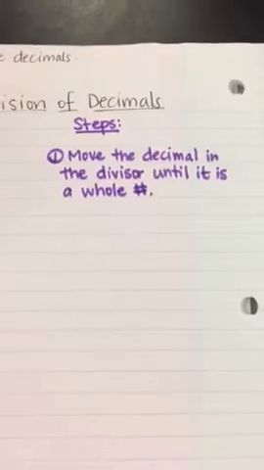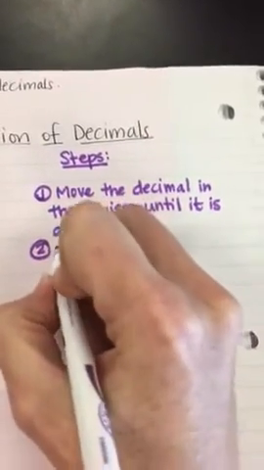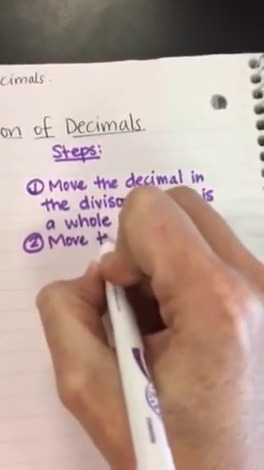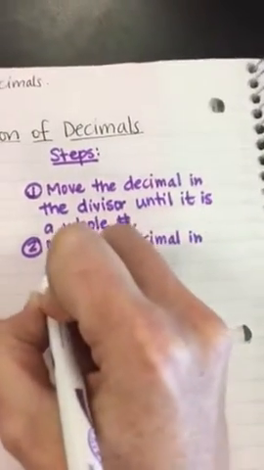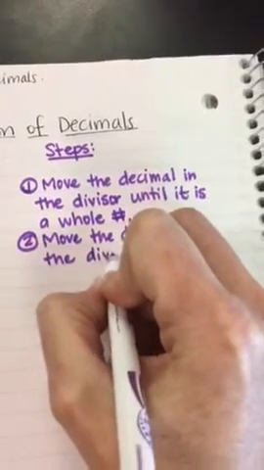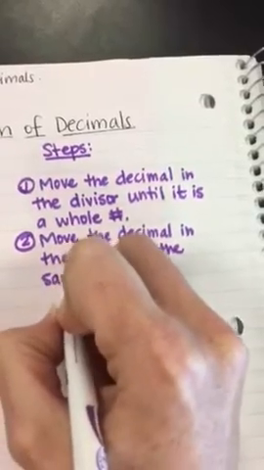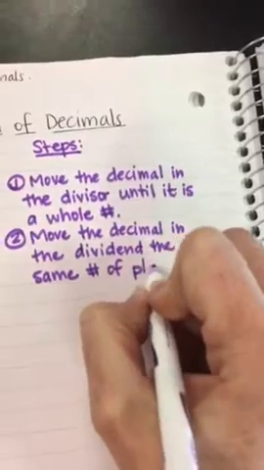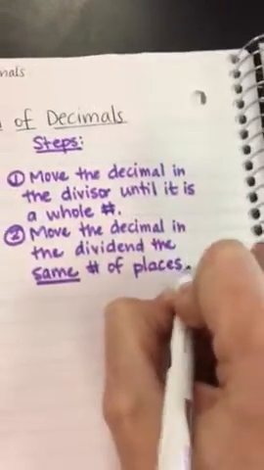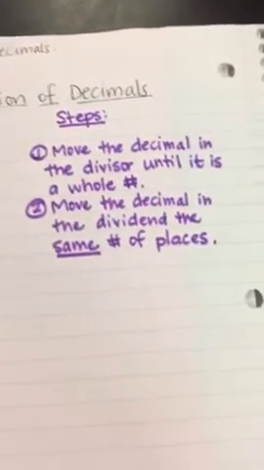Once you've moved the decimal in the divisor until it's a whole number, the second step is you're going to move the decimal in the dividend the same number of places. This is a very common mistake that students make, and I'll show you some mistakes they make as we go through our notebook.